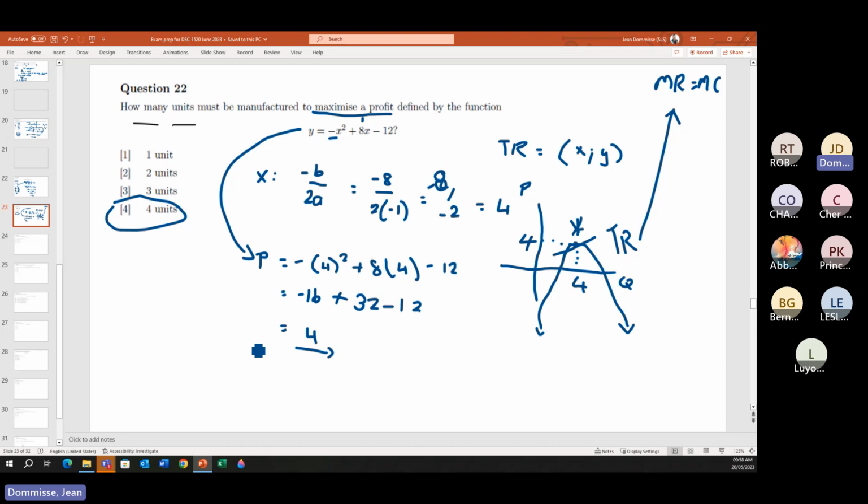Okay, so that is just something added to this one if needed, but otherwise we would have stopped at that point. Okay, questions on this one? Let's go to the next one.